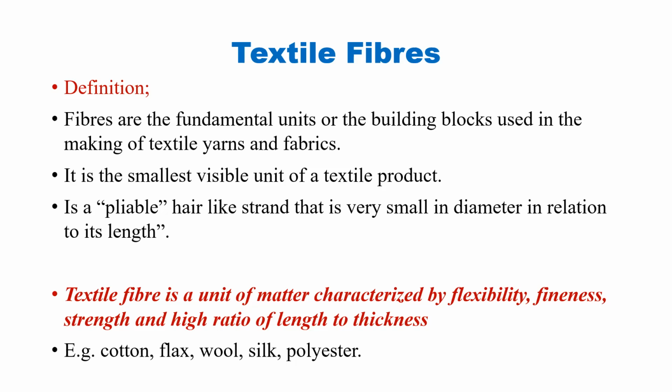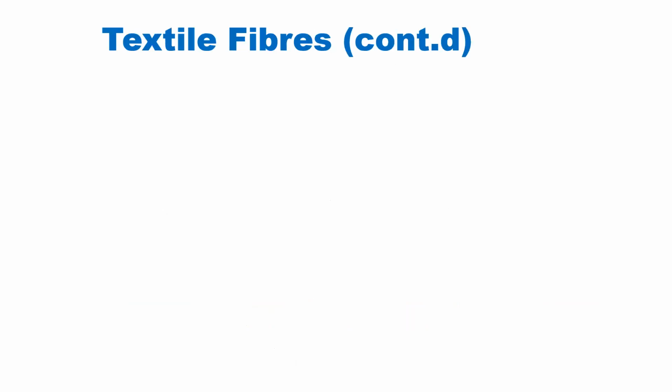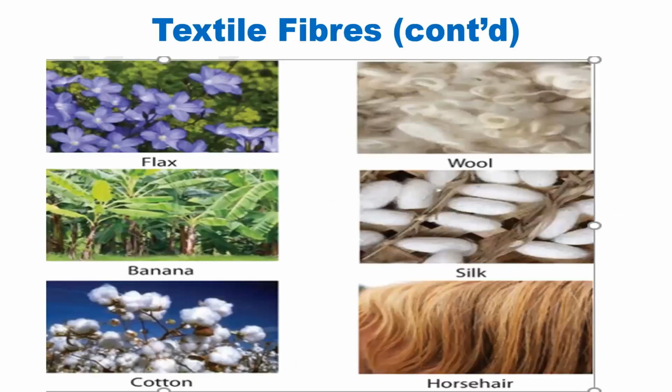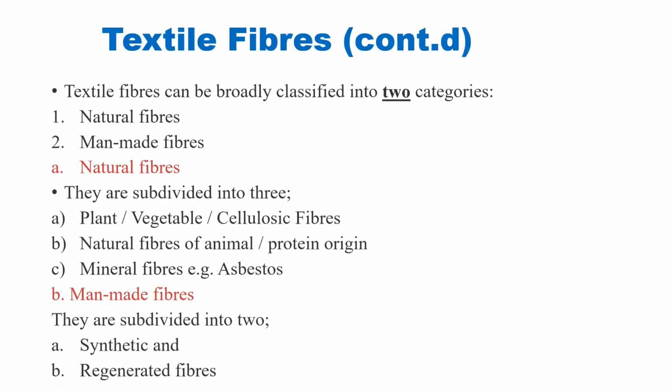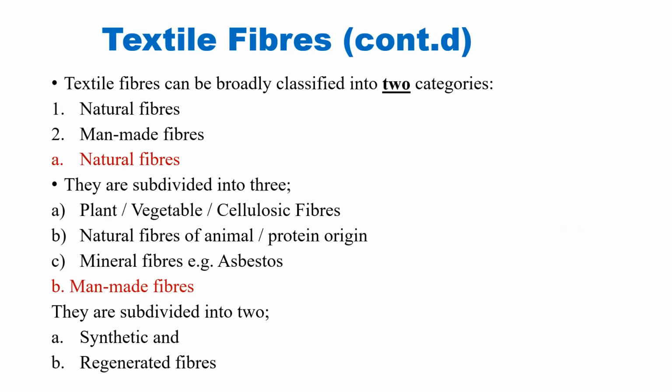For example, we have cotton, flax, wool, silk, polyester, and many others. Textile fibers are classified into two main categories. We have the man-made fibers and the natural fibers.